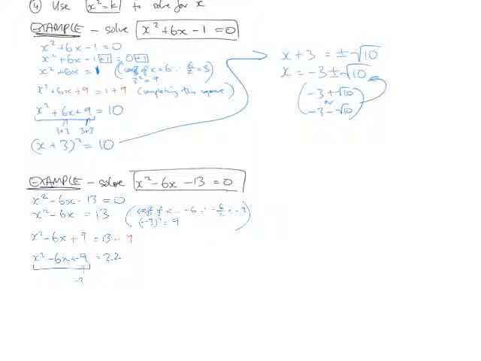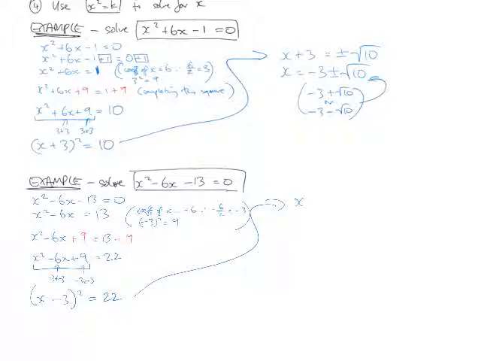Negative 3 times by negative 3 makes positive 9. Negative 3 plus negative 3 makes negative 6. So perfect squares: x take 3 squared. I've factorized the left hand side using perfect squares. It's x take 3, all squared, and this time is equal to 22. Continue my working out over here.